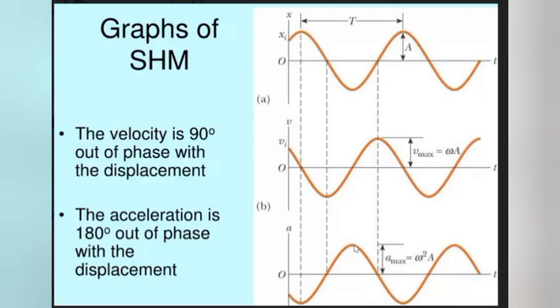That's the difference between the three of them. The three graphs are for displacement, velocity, and acceleration time graphs. Displacement looks like a cosine graph. Let me go back to that: the displacement looks like a cosine graph.